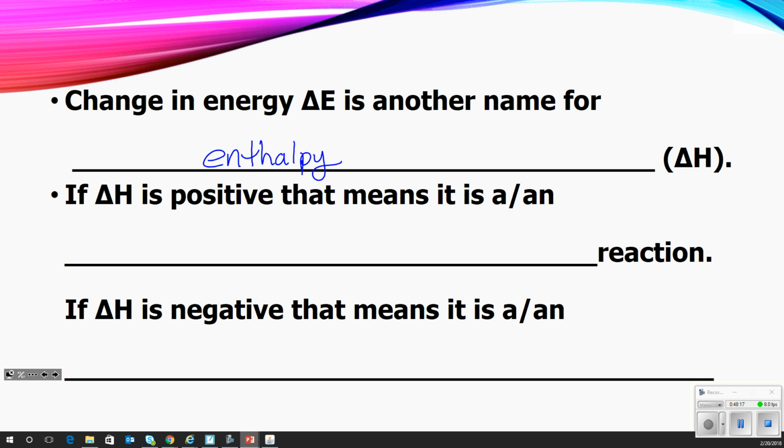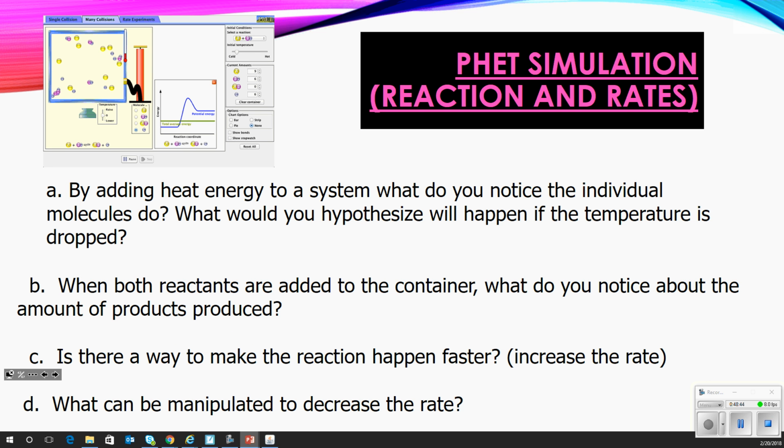So it's endothermic, good. If delta H is negative, that means it's going to be exothermic. Now, if we weren't talking about delta H, but we were talking about delta E, it would be endergonic and exergonic. Okay? So the only difference is delta H represents heat, where delta E represents energy.